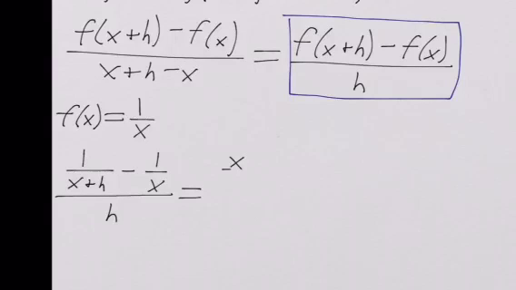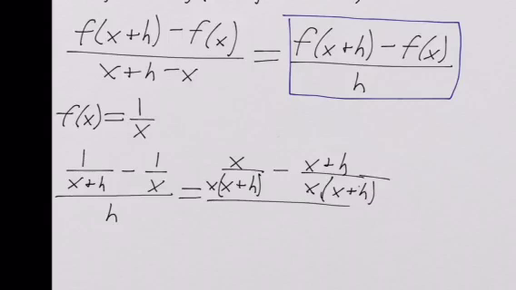So I get x over x times x plus h, minus x plus h over x times x plus h in the denominator, and still an h in the denominator.